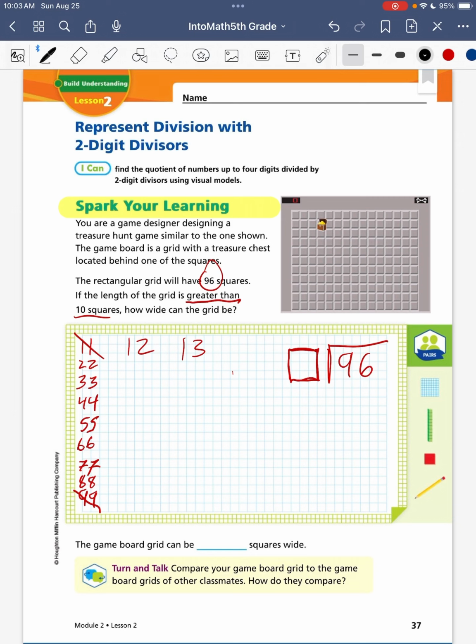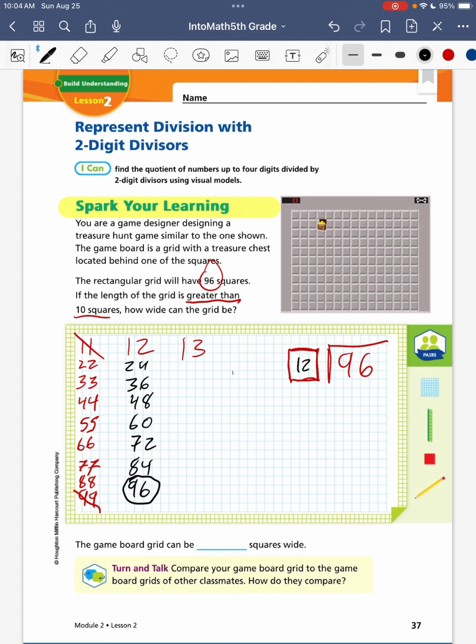Now on to my 12s. I know that my multiples of 12 are 12, 24, 36, 48, 60, 72, 84, 96. Hey, that's the number we're looking for.